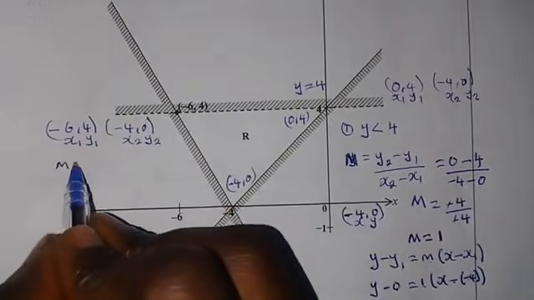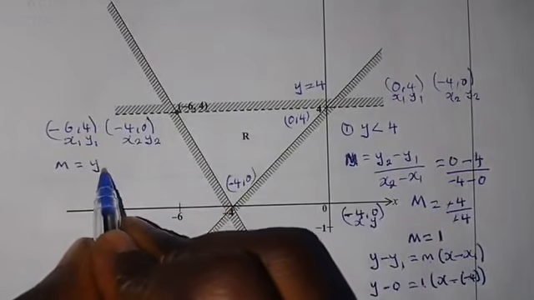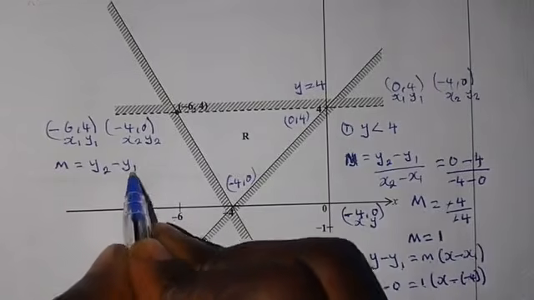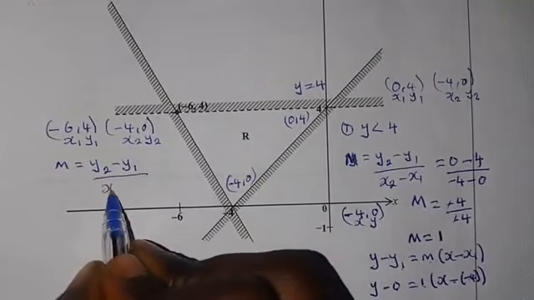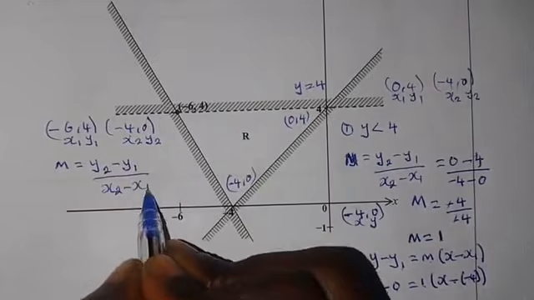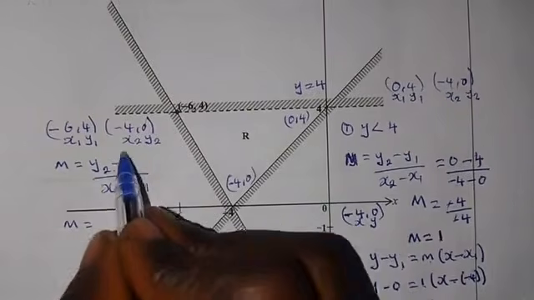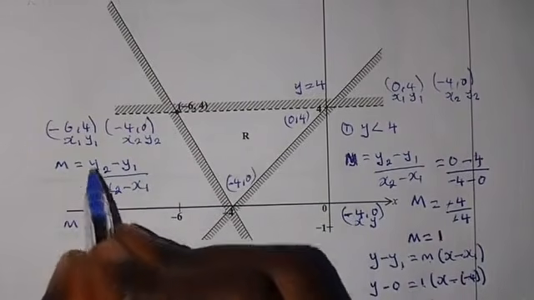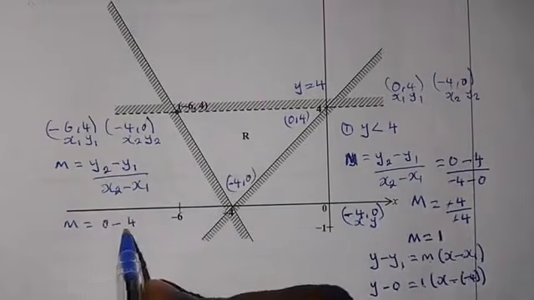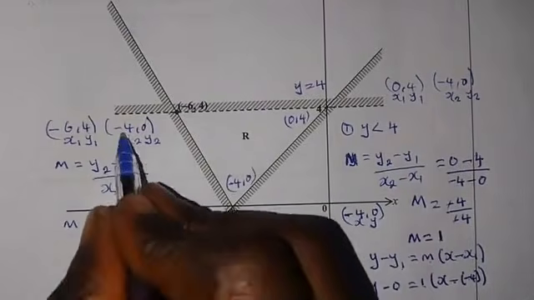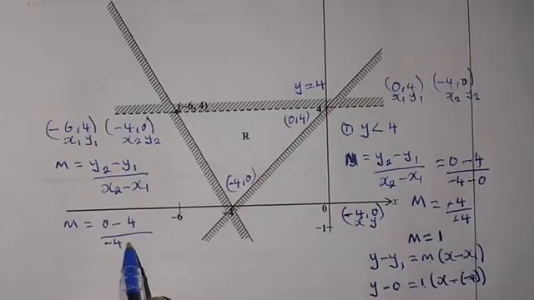The formula for finding the gradient is m equals y2 minus y1 over x2 minus x1. So m equals y2, which is 0, minus y1, which is 4, divided by x2, which is negative 4, minus x1, which is negative 6.